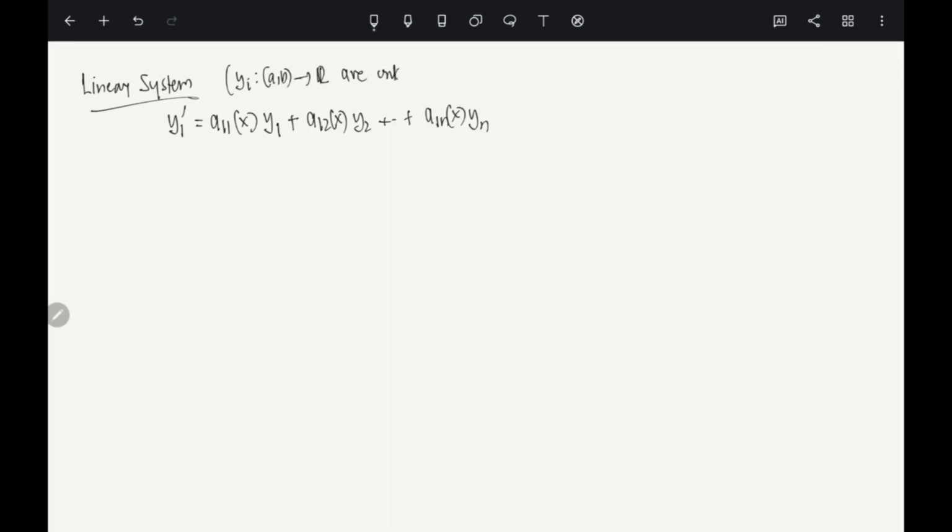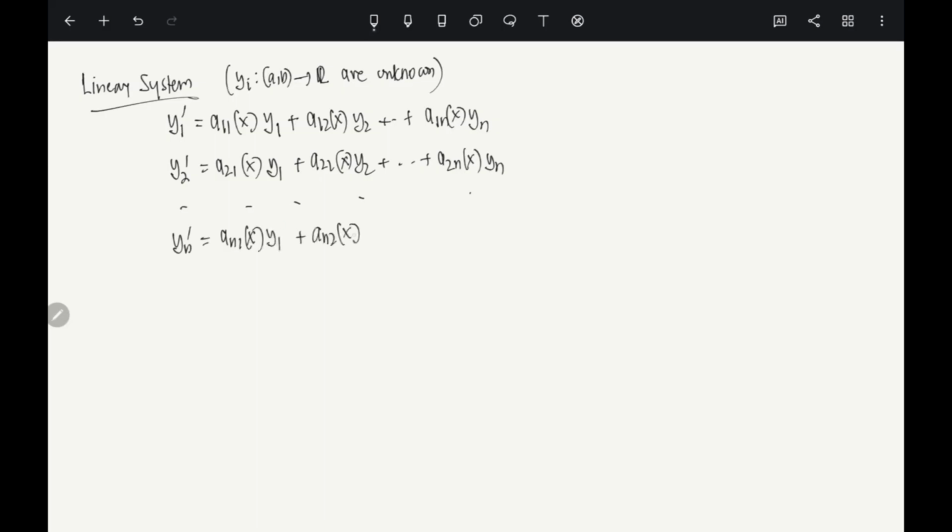And y2 prime is a21 of x y1 plus a22 of x y2 plus up to a2n of x yn, and it goes on like this. Similarly yn prime is an1 of x y1 plus an2 of x y2 and then ann of x yn.